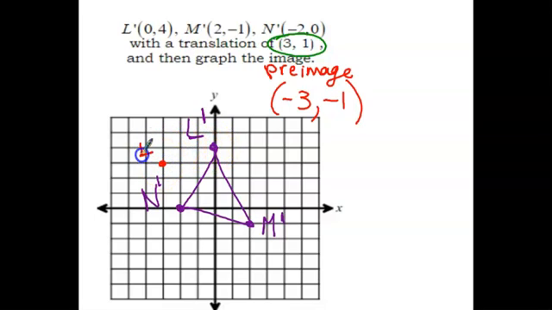That becomes L. And I'm going to go, again, left 3, 1, 2, 3, and then down 1, and that's the original N. And then M1, I'm going to, again, move 3, 1, 2, 3 to the left, and down 1, and that becomes M. Connect them, and there's my original image. I know I'm right because the shapes are the same size. They moved. They didn't flip. They didn't rotate. Okay? And then, again, I used my coordinates correctly.